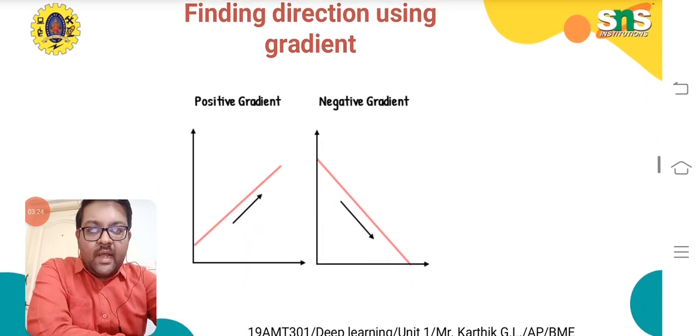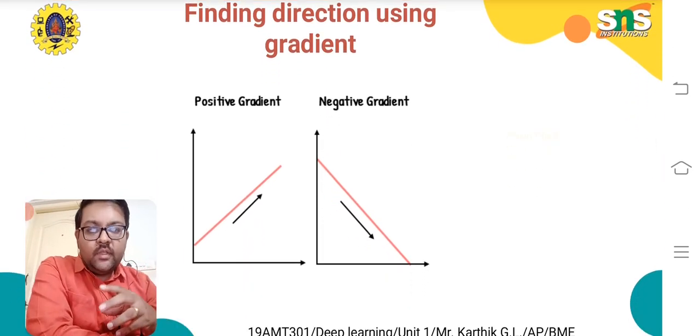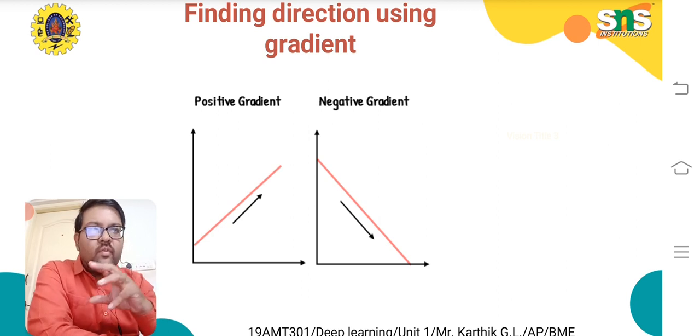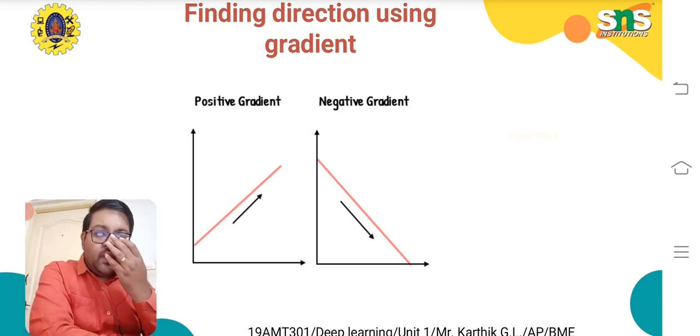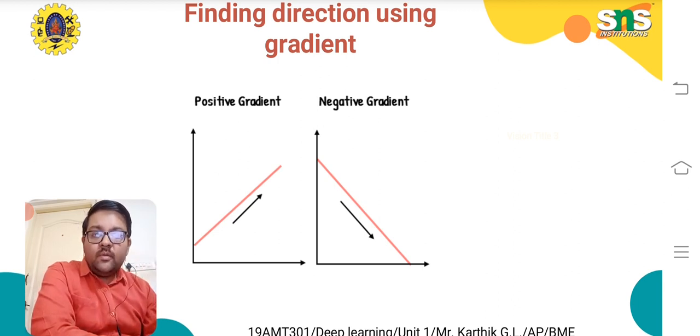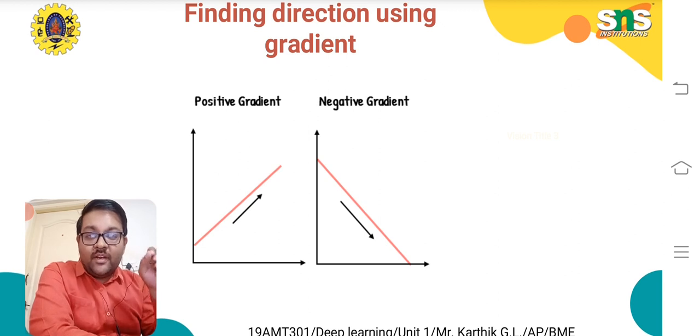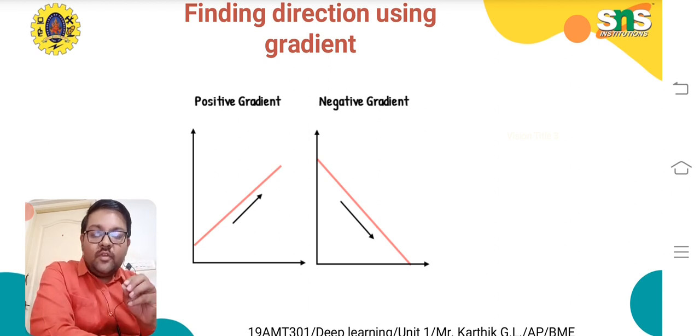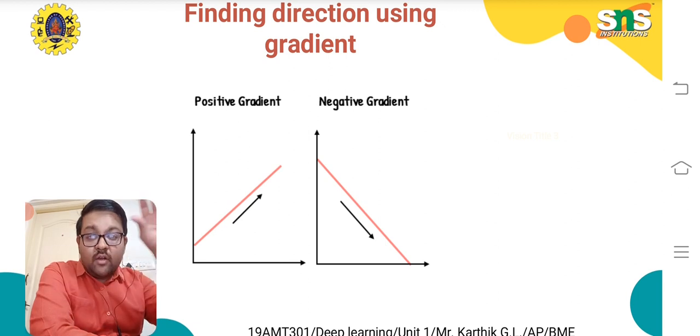So, finding the direction using the gradient. There are two types of gradient. We have to navigate. We can consider the curve of loss versus weight like a mountain. We need to find the minimum point on that mountain, where we are going to be safe. For that we need to navigate on the mountain.